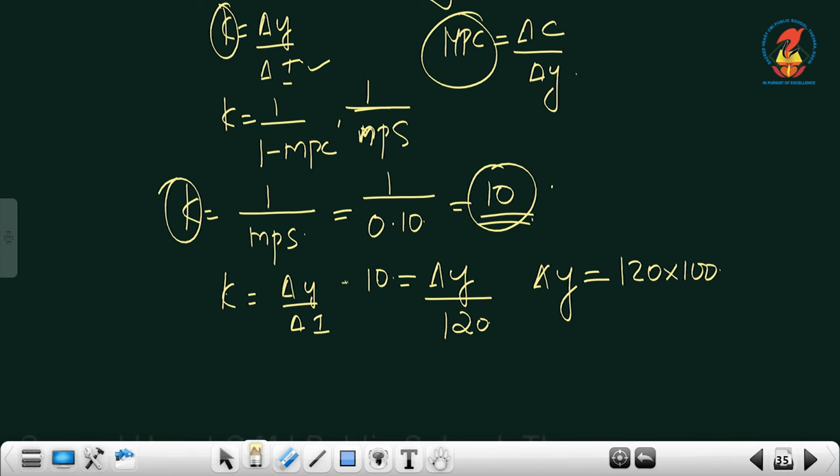These are basic calculations which I need not repeat. So 120 into 100 gives you a change in income of 1200 crores, right. So delta Y is found.